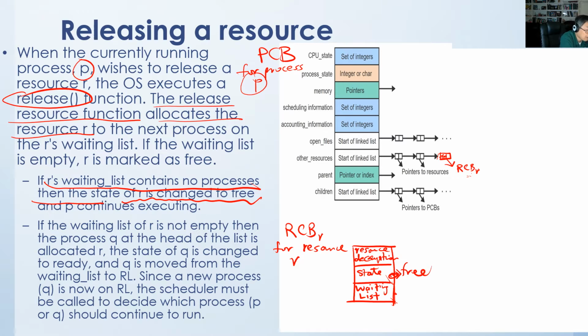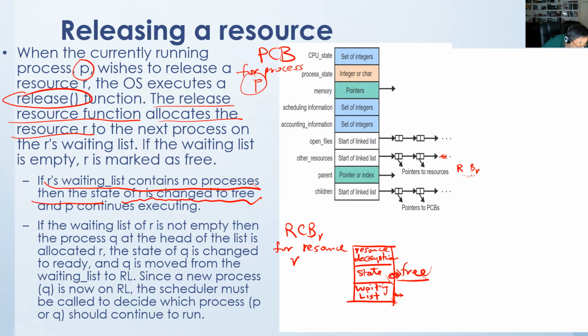In that case, the RCB of R will be removed from the list, and then this becomes free, as there's no process on the waiting list. Now, things are slightly different if, let me delete this and talk about the other scenario.